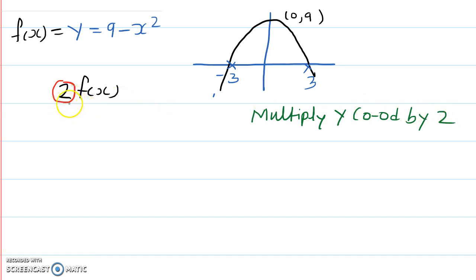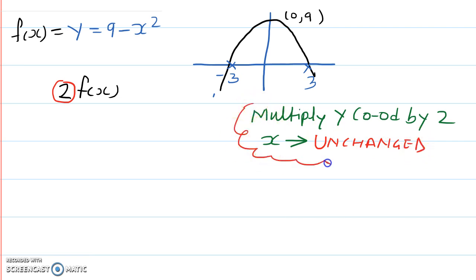If it is 3, multiply by 3. If it is 4, multiply by 4. And x remains unchanged. So this is the rule.